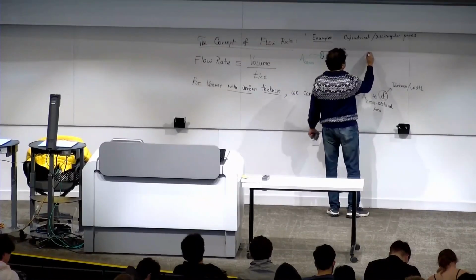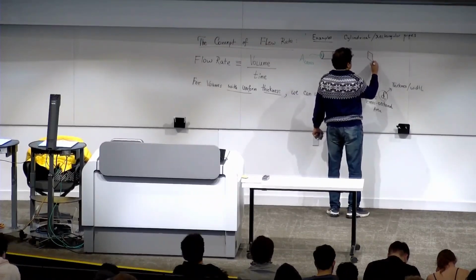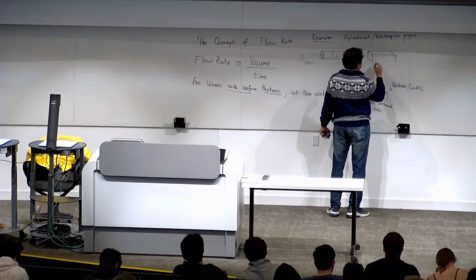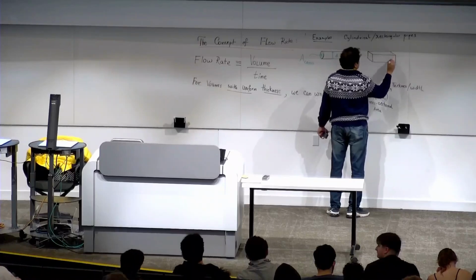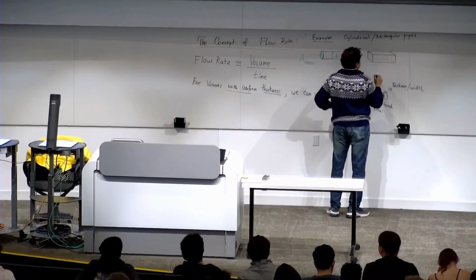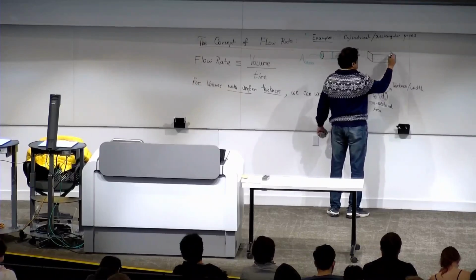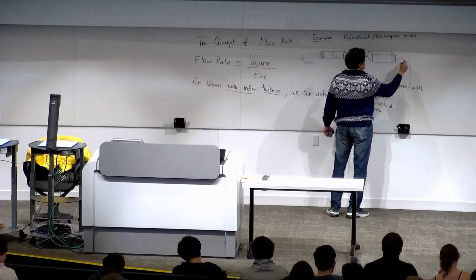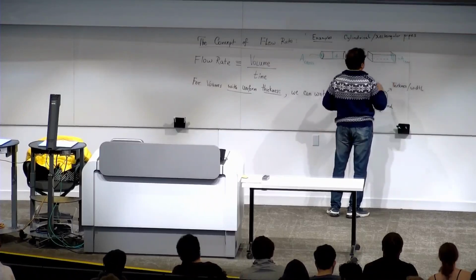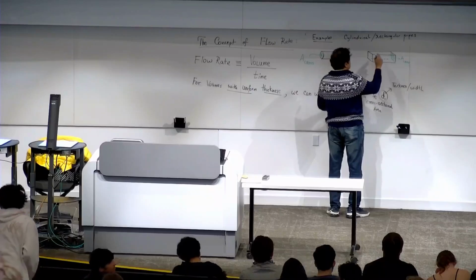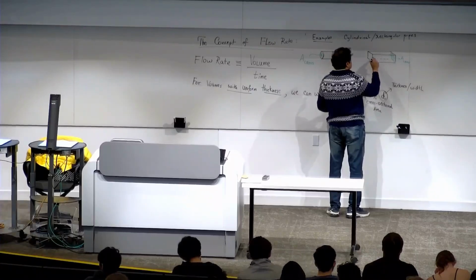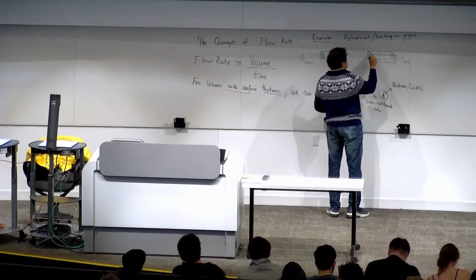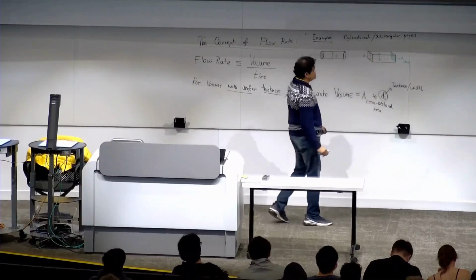If it is rectangular, it would be something, say, like this. This, for instance, right there, that face, that is the cross sectional area. And then from here to there, this distance, is the d.